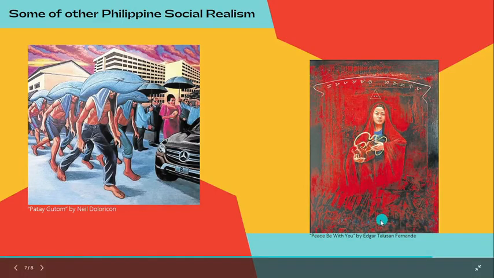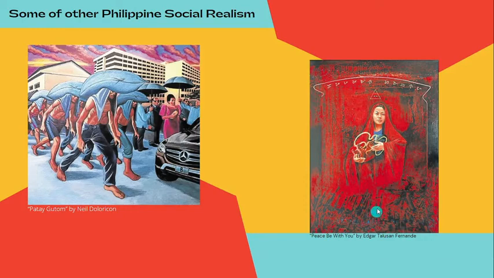I assume this is representing people power, and the nun in the middle is to make them unite against the government. I think that's the message behind this art of Edgar Talusan Fernandez.